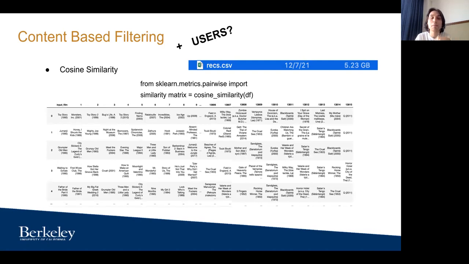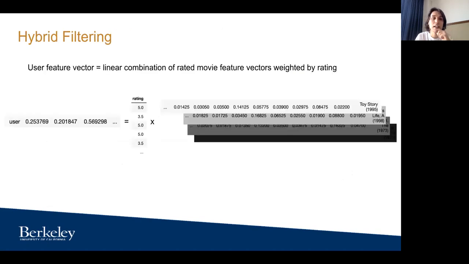Users, right? Can we add users to make this better and get better recommendations, because we do have that user data. So that's when we get to hybrid filtering.